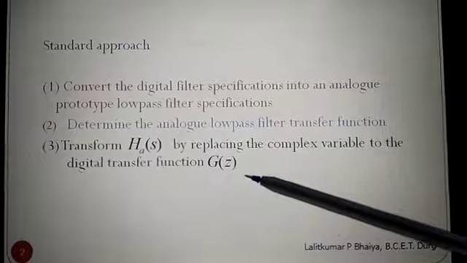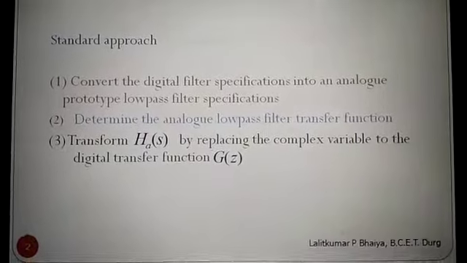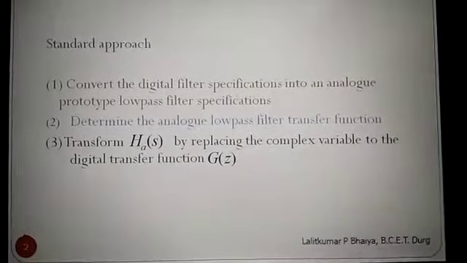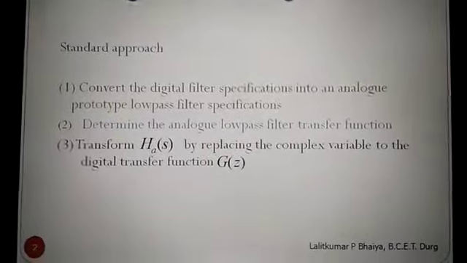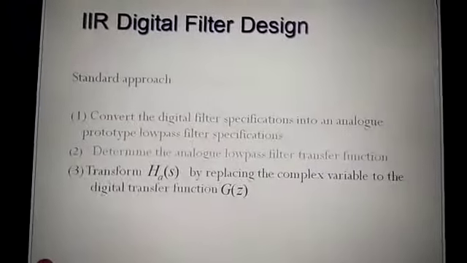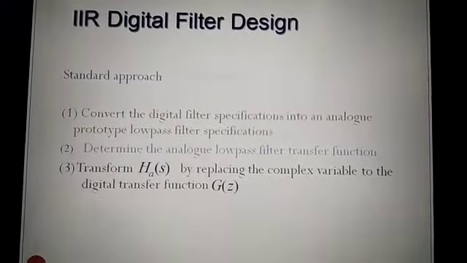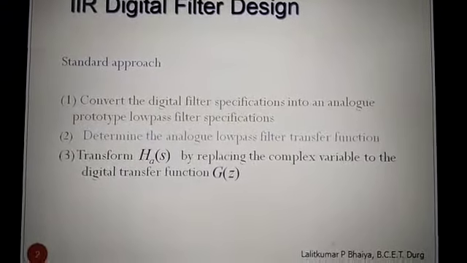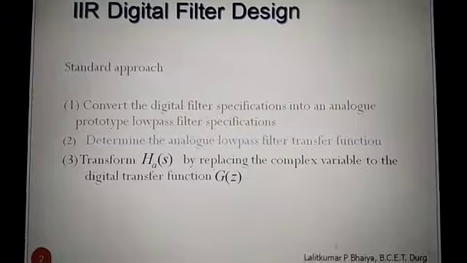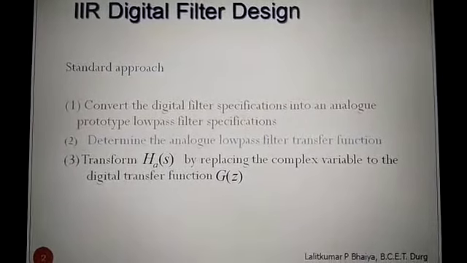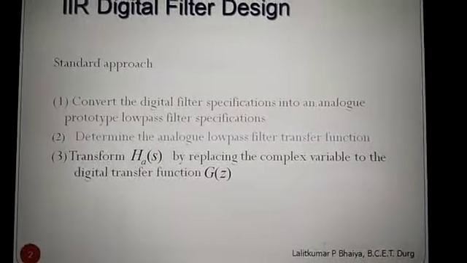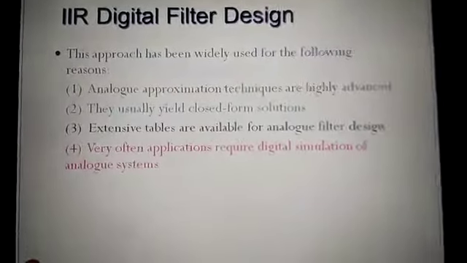You can denote it by anything, H(Z) also, so there is no problem. So with the standard approach, we have to convert the analog filter into a digital filter, H(S) into H(Z) or G(Z).